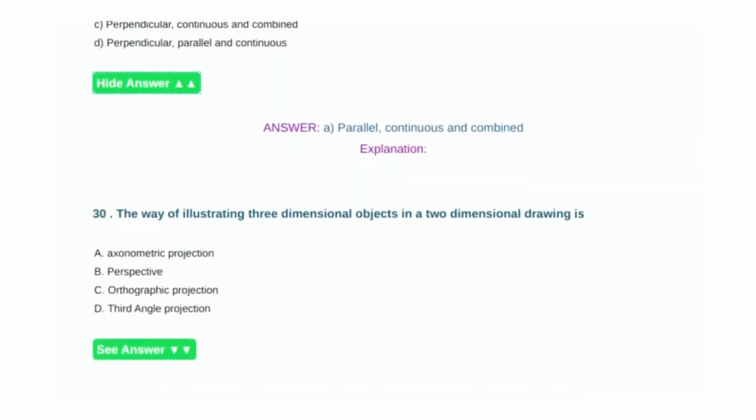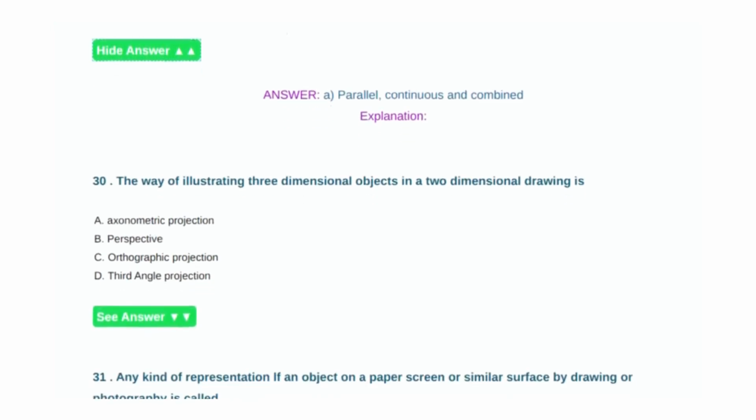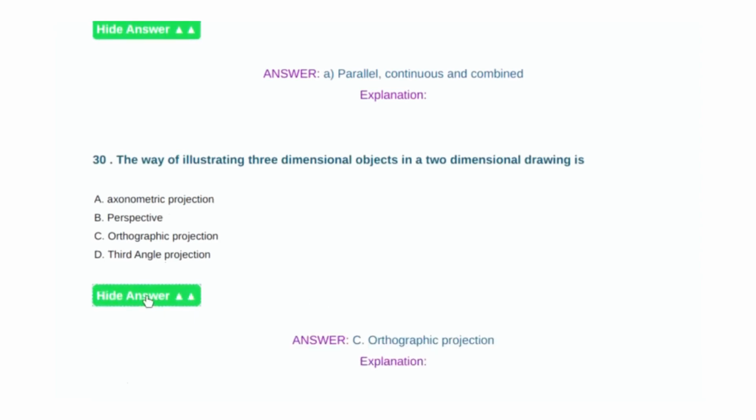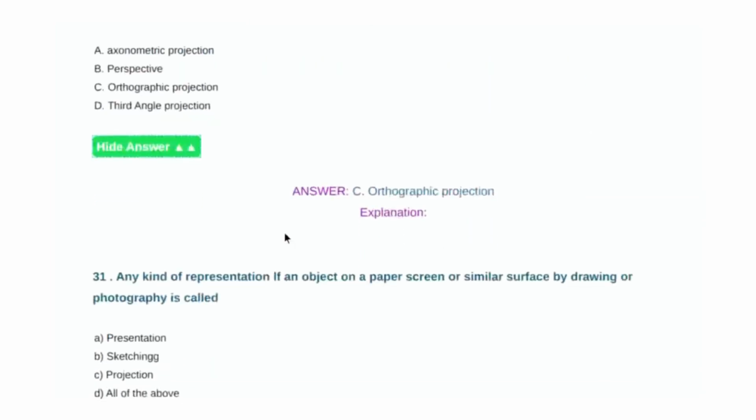The way of illustrating 3D objects in a 2D drawing is: axonometric, perspective, orthographic, third angle. The way of illustrating a 3D object in 2D is orthographic projection.